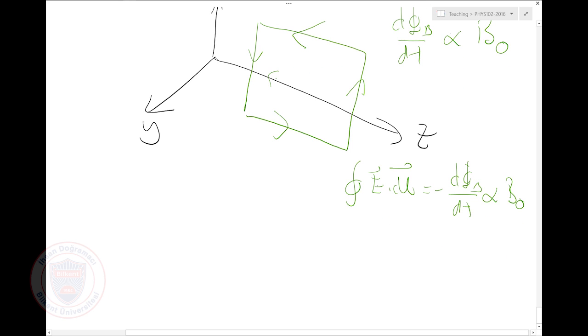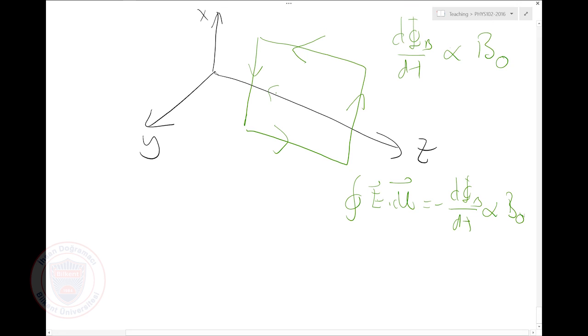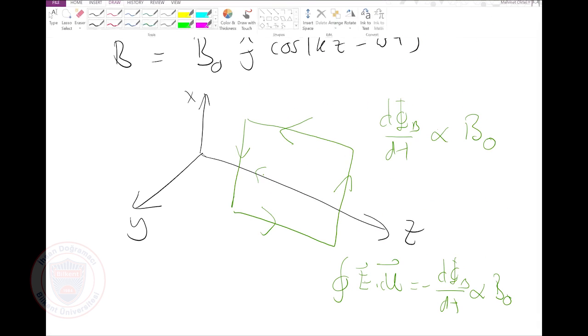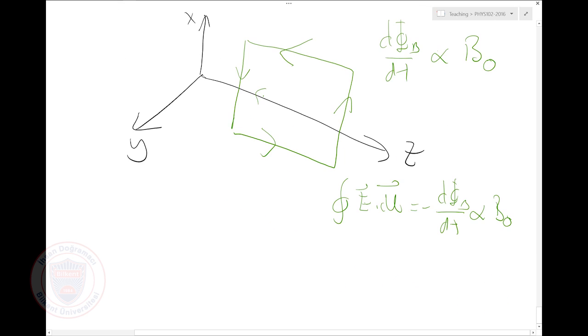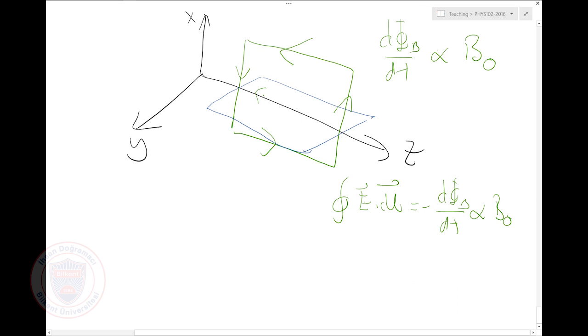Now, let me do the reverse. Let me take a loop in the yz plane.